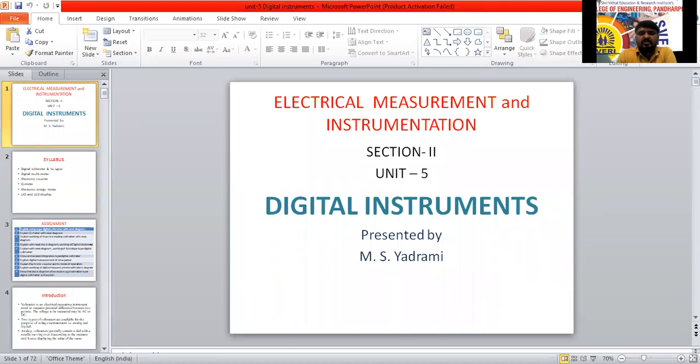Take the questions. The first one is: explain ramp type digital voltmeter with neat diagram. Out of 5 types, this is one type of digital voltmeter. That is the first question.